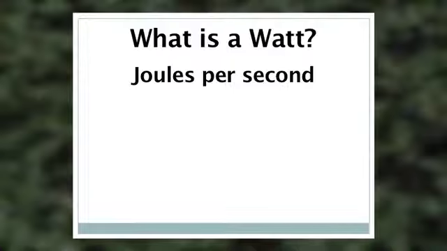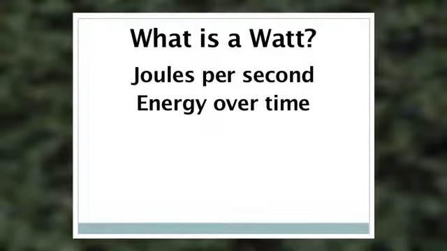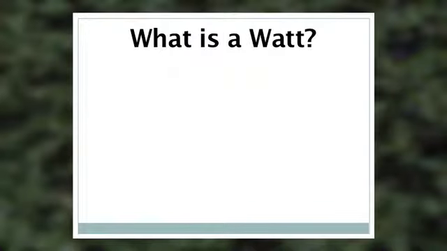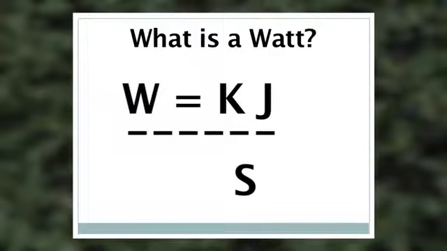Joules per second, right? Power is energy over time. When I say watt, what does that take into consideration? Watt has a time element built into it. So if we want to go to a unit of energy, we have to take the time component out.